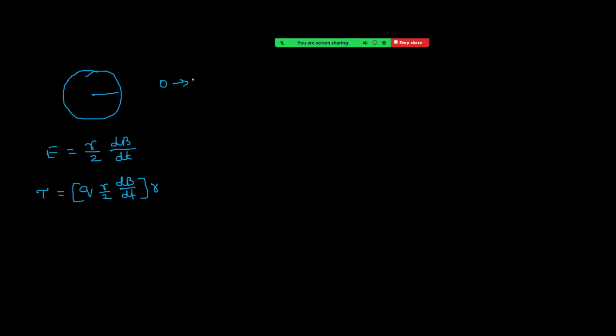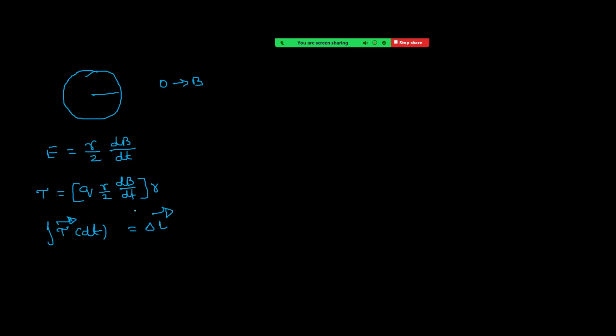Now the condition given is that the B value is changing from 0 to B in a small time interval, suddenly. Then see what I'm doing here. I'm taking the net impulse, integral of tau into dt, which is equal to the change in angular momentum. Since it is a constant, I'm taking this outside. Wait, this is not a constant, right?